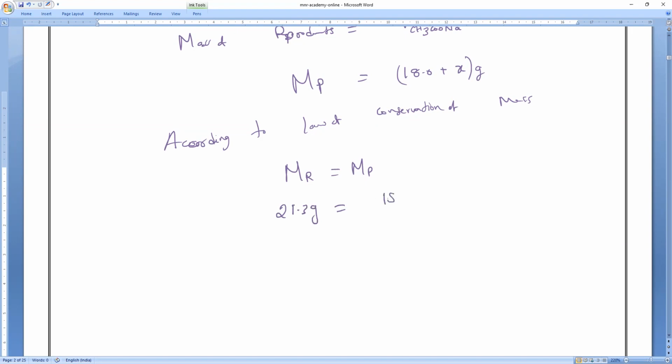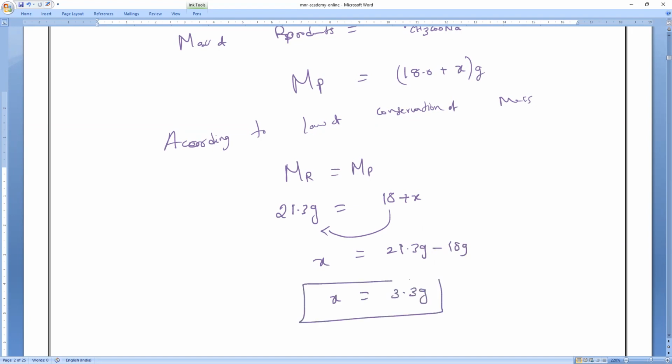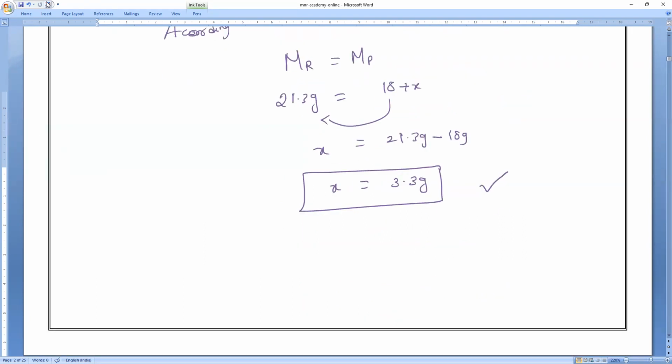Mass of products, how much? 18 plus x. Now 18 will come to this side: 21.3 grams minus 18 grams equals how much? x equals 3.3 grams. Hence the mass of carbon dioxide released is equal to 3.3 grams.